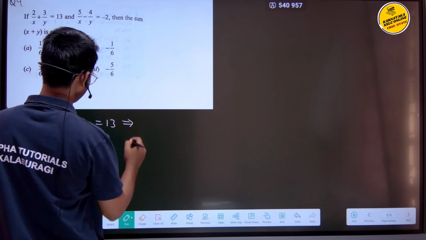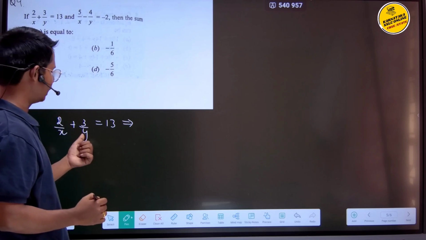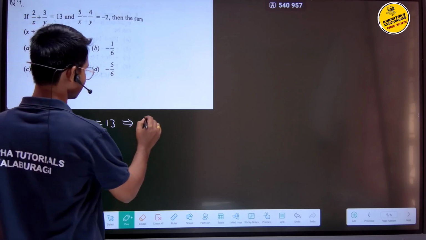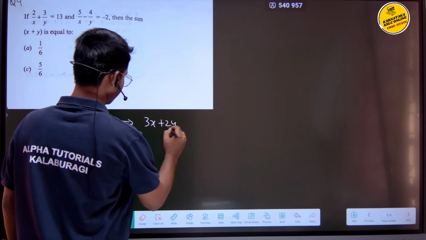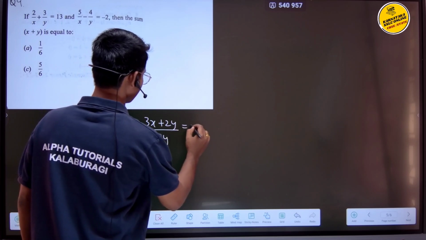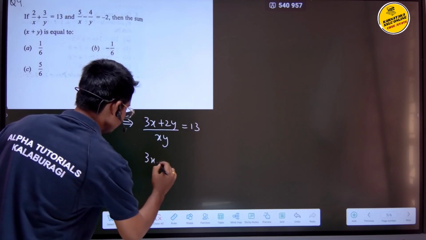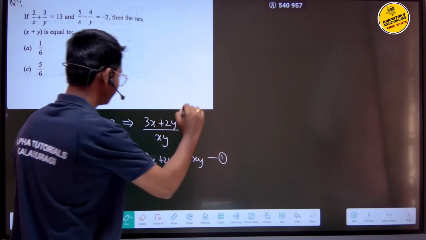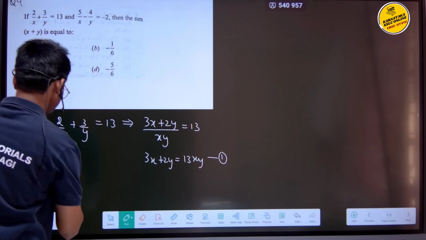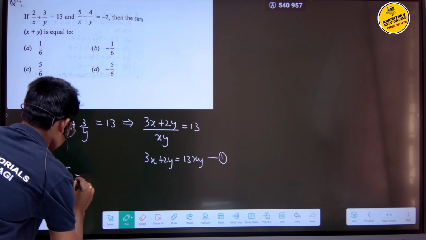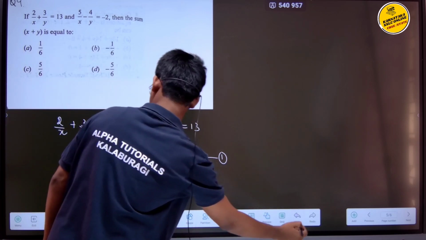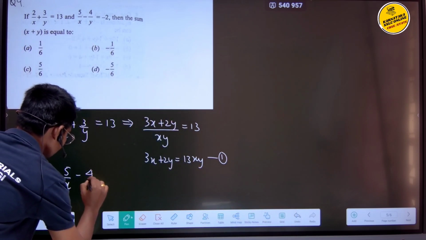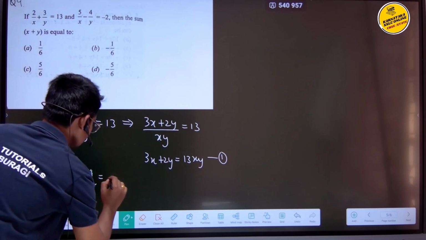When I rewrite, I'll cross multiply: 2 into y is 2y, 3 into x is 3x. You can even take the LCM, and you will get the same answer. I'll write the x term first, so 3x plus 2y divided by x into y equals 13, nothing but 3x plus 2y equals 13xy. Call it equation 1. Similarly, 5 by x minus 4 by y equals minus 2.